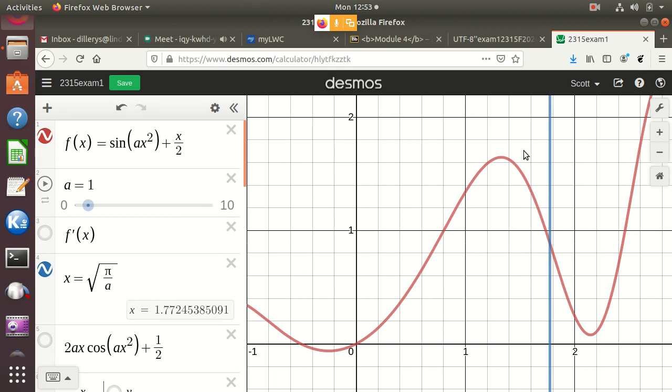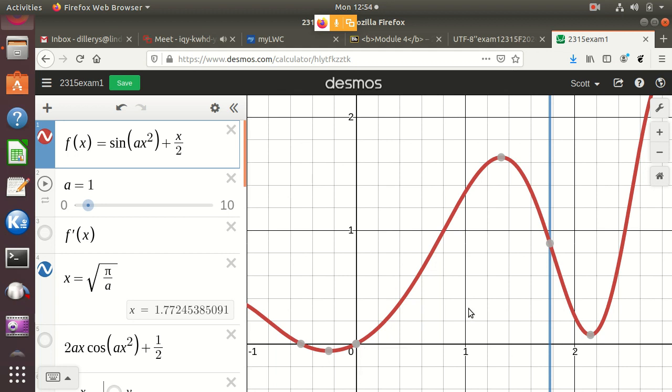Since I have to do this numerically, I can see that the minimum is down here at 0, because that was the closed interval from 0 to this blue line of square root of pi over a. So that's always the minimum. That part's a piece of cake.